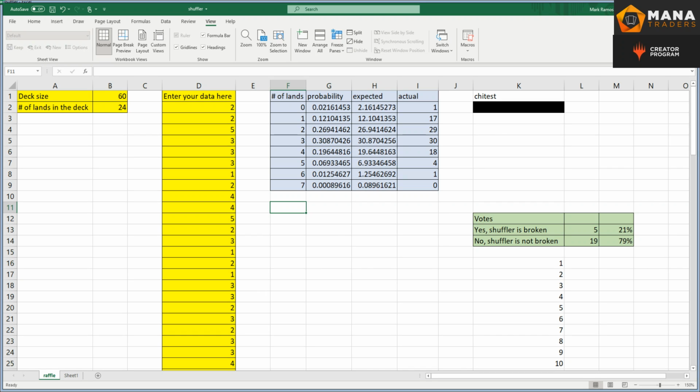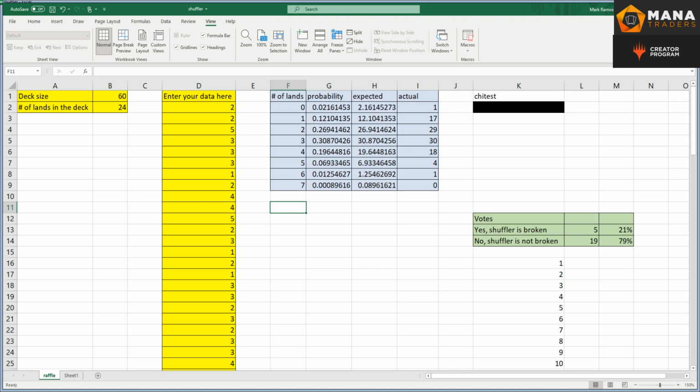So if the shuffler is fair in terms of shuffling the deck, ensuring that there's a random distribution of cards in your deck, consistent with how it would be if you were shuffling well on paper, then it would follow that the number of lands in the opening hand would have a hypergeometric distribution.